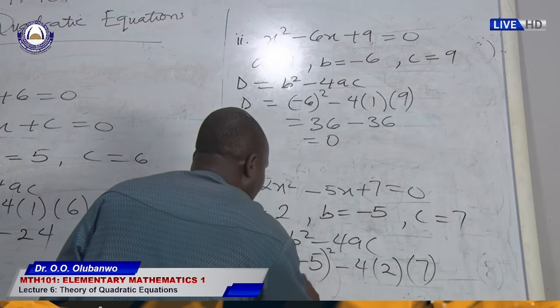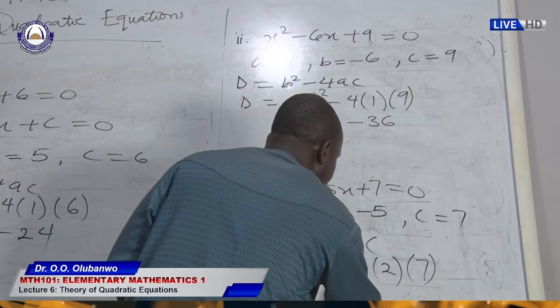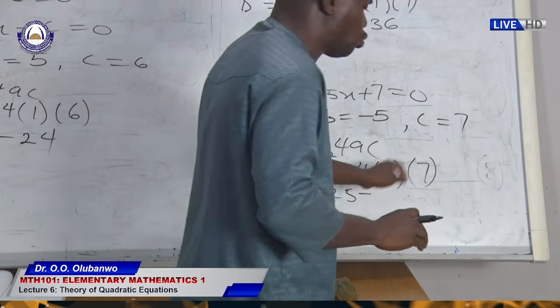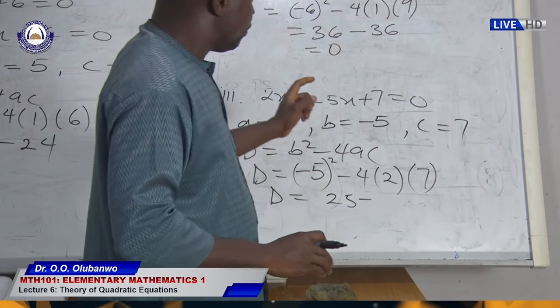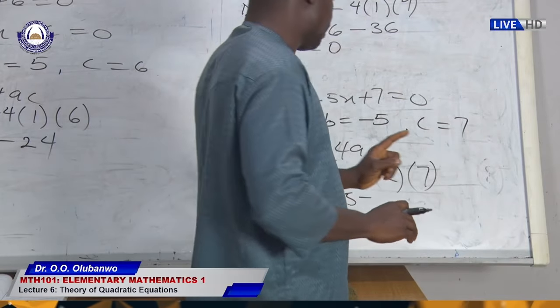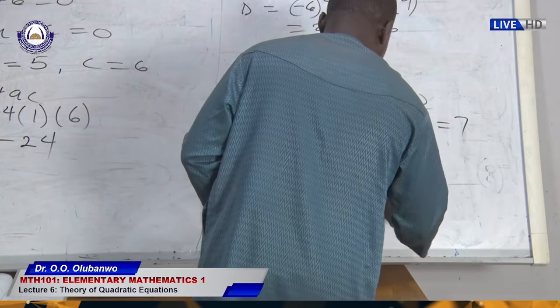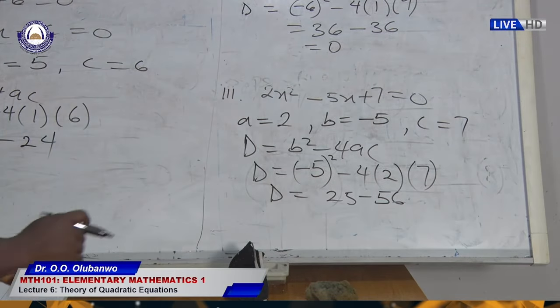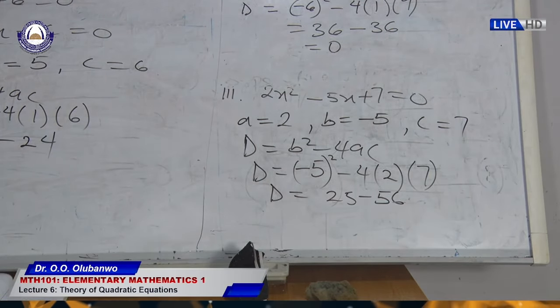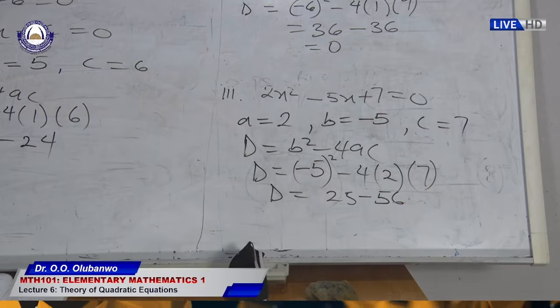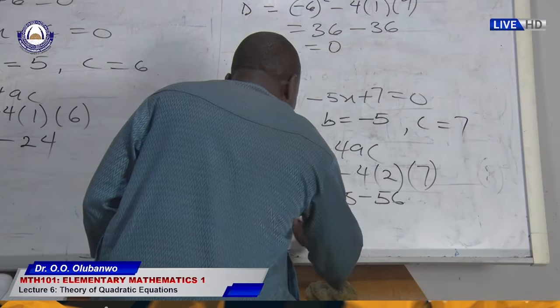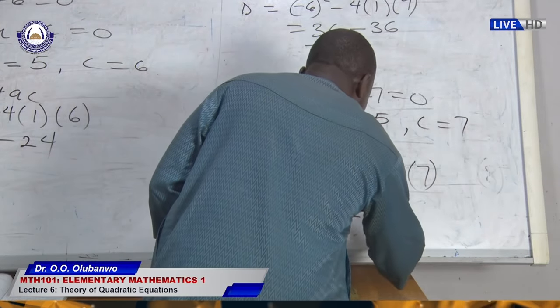Now, looking at this, our D will be 25 minus 4 times 2, which is 8, and 8 times 7 will give us 56. And now, class, when you look at this physically, what is 25 minus 56? Mathematically, this will give us -31. Our D will be -31.